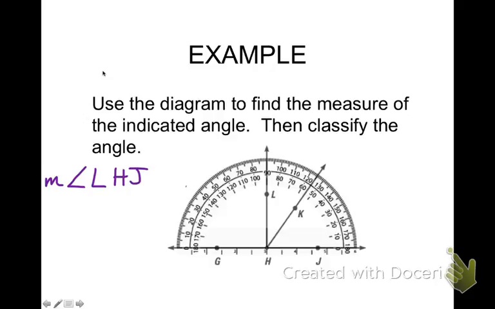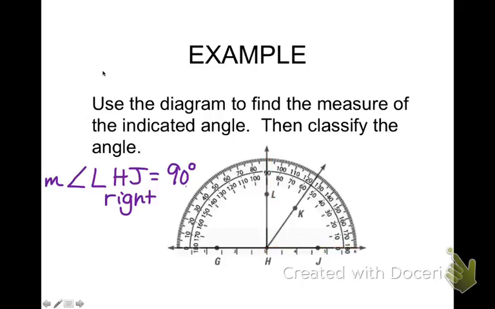And that means I'm talking about finding the measure of angle LHJ. All right, so how do we find angle LHJ? Well, locate where L is, go down to H, end at J. How many degrees is that? 90 degrees. How would you classify it? That would be a right angle. Very good.